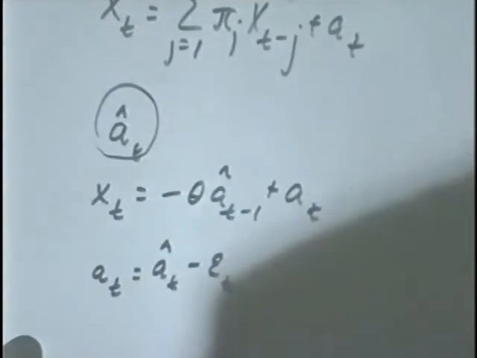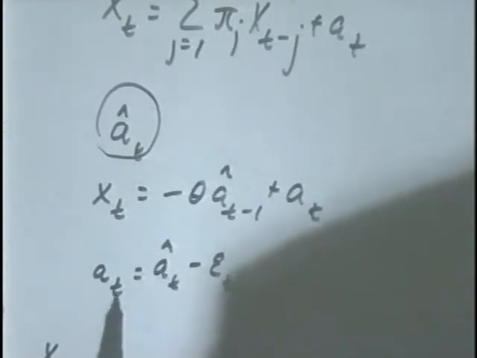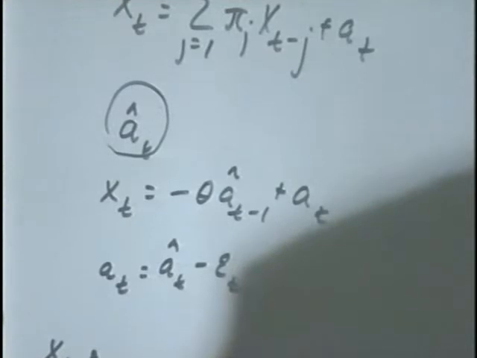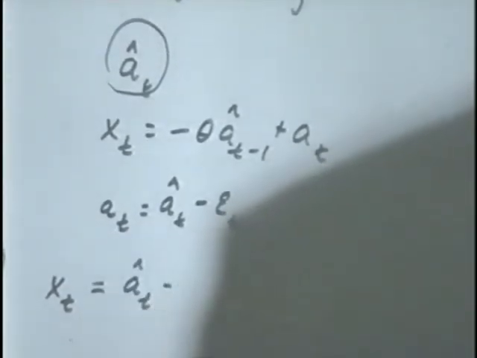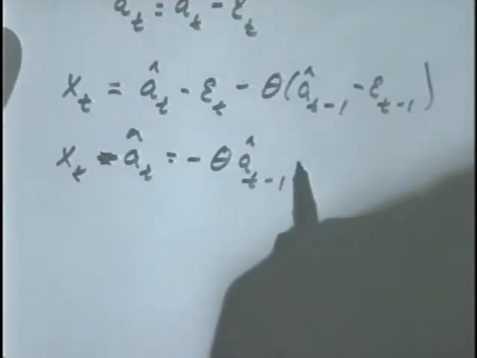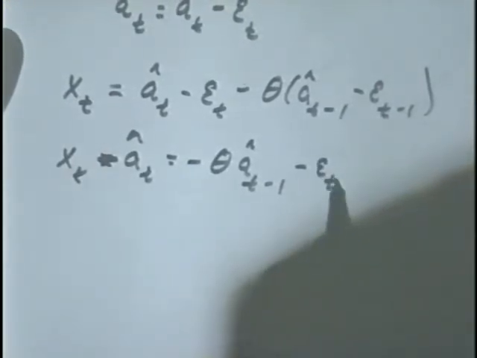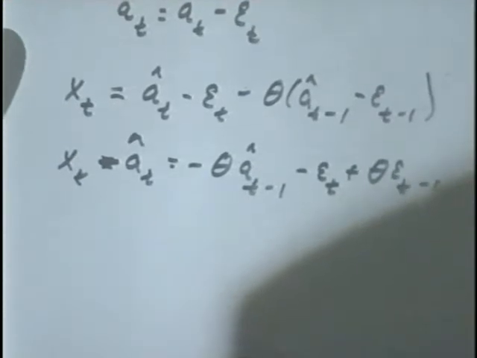If we look at this original model and replace these at's in this equation, we obtain the model Xt minus at hat is equal to minus theta at minus 1 hat plus at plus theta epsilon t minus 1.